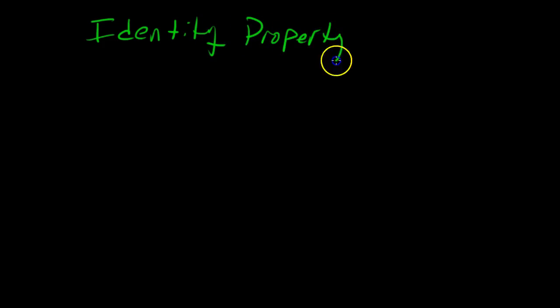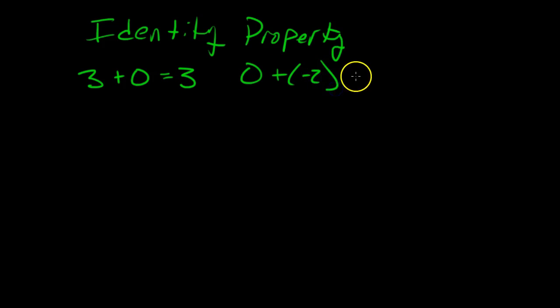The next property that we're going to talk about is the identity property. Identity property is about things remaining the same. With addition, that means that we're adding things to 0. If I add 3 plus 0, I get 3. If I add 0 plus negative 2, I get negative 2.